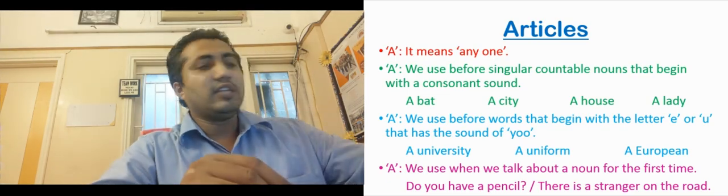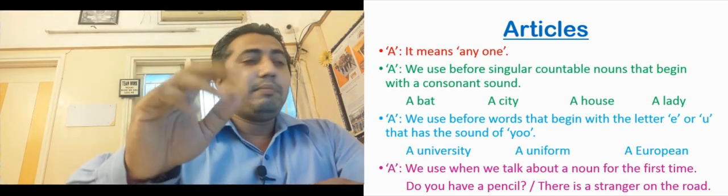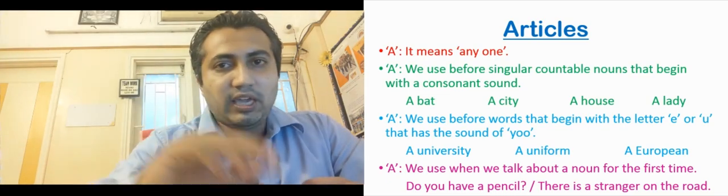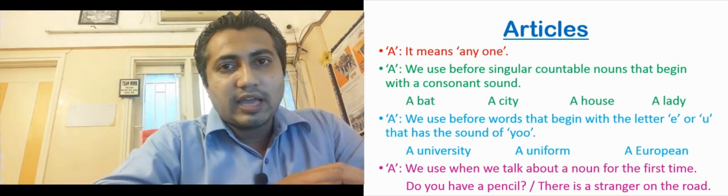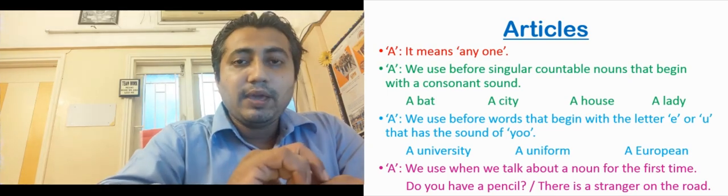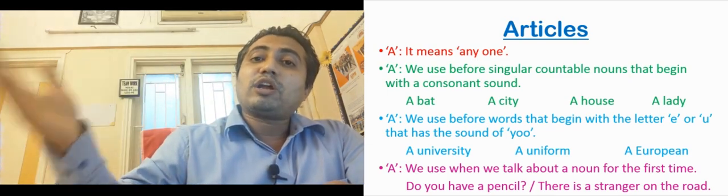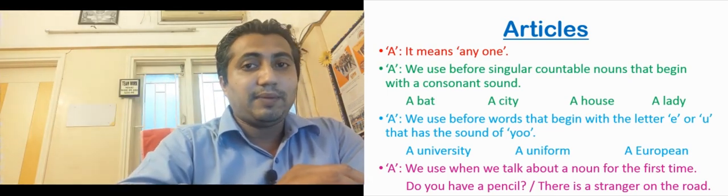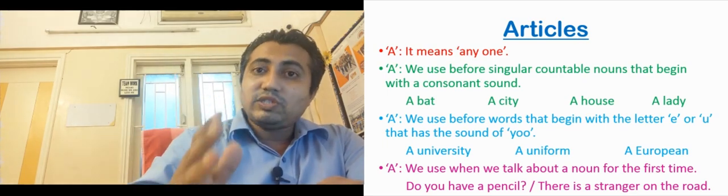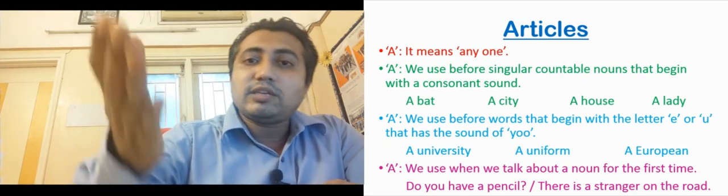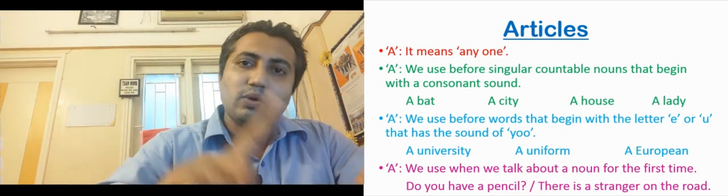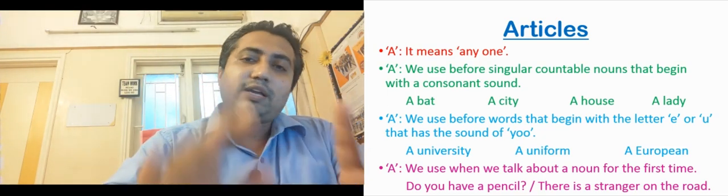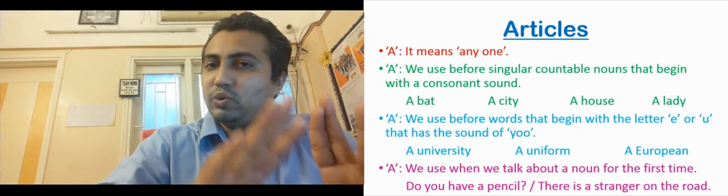Okay, so what all things did we study about a? A means anyone, कोई भी एक. ठीक है, a is used only with countable nouns, and that too when it is singular. A is used only for consonant sounds. ठीक है, there are some words which start with a vowel but the sound is consonant, so we do not use an, we use a only, even though it begins with a vowel, लेकिन sound is consonant, so we use a.